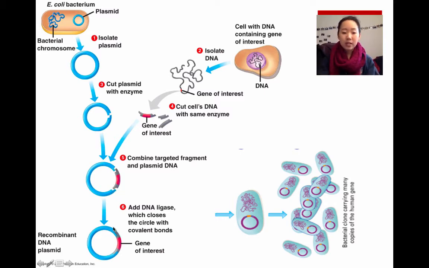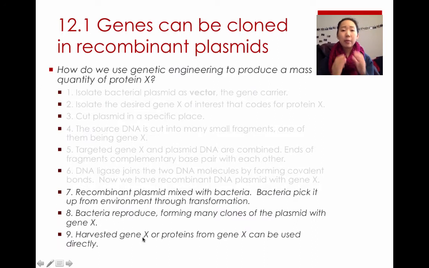And afterwards, DNA ligase makes it a seamless, continuous strand of DNA. And then lastly, now that we have our recombinant DNA plasmid, we're going to mix it into the bacteria so that the bacteria can absorb it into itself.